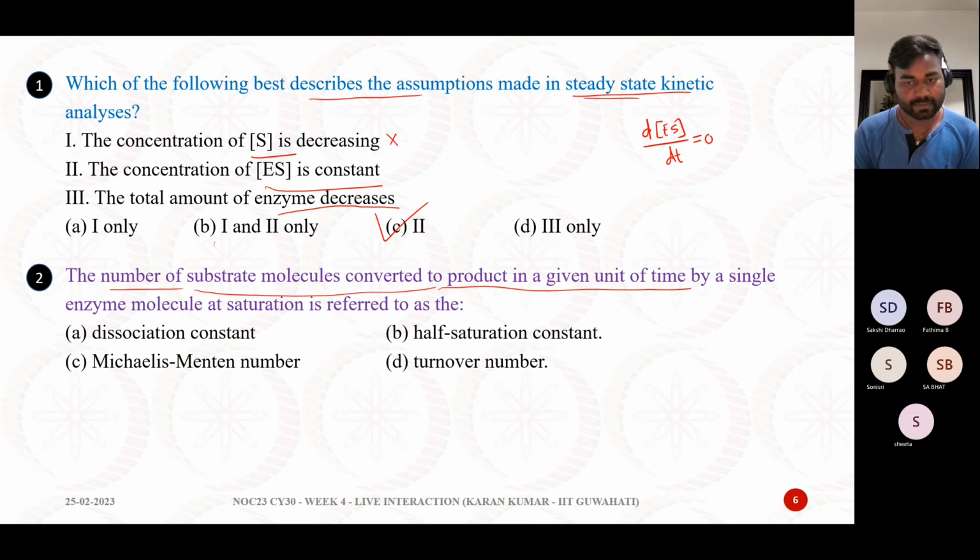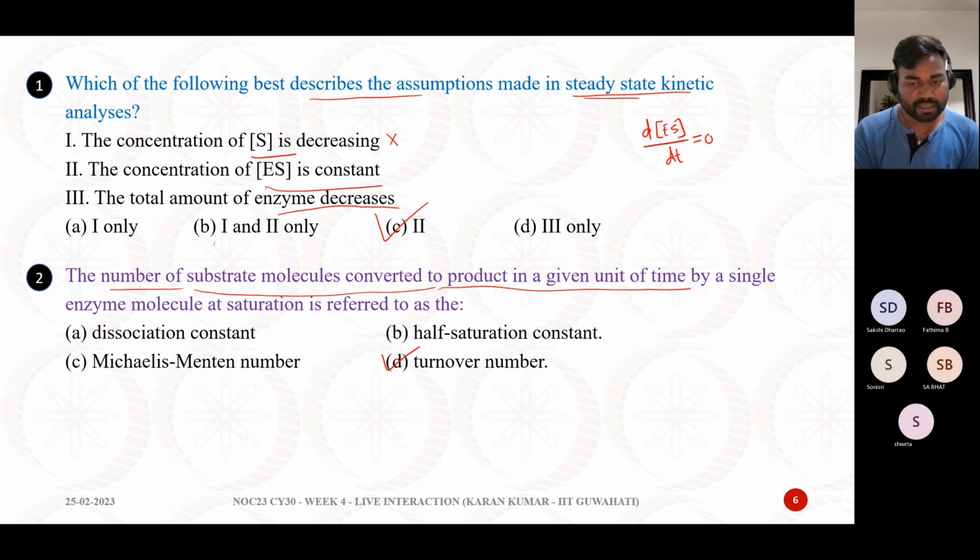Any idea? Turnover number. Any other option? Turnover number is the correct answer.